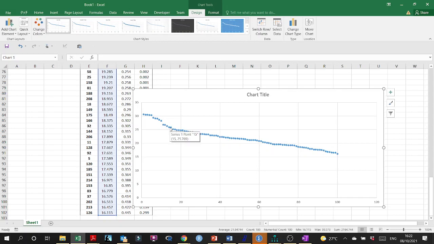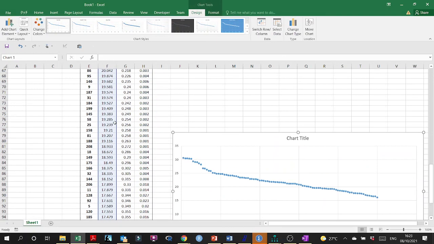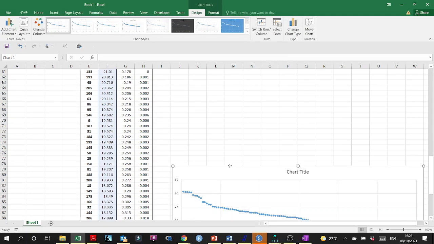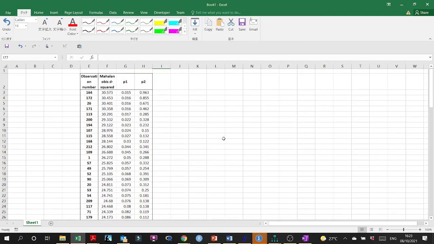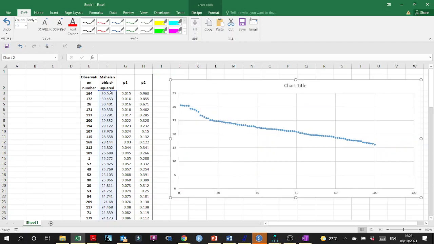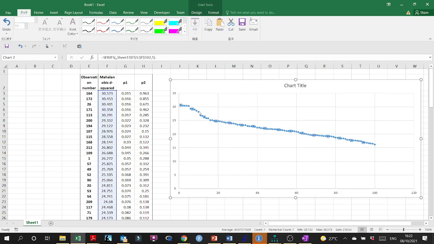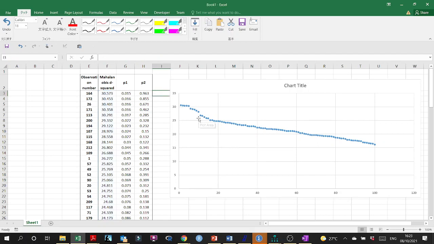So this means I'm going to have to get rid of all these values, really, all these values, which may be all these values probably correspond to these. Problem with Excel, I cannot highlight certain values, not like with Tableau.